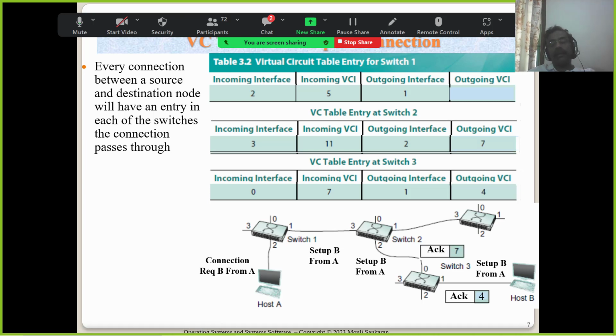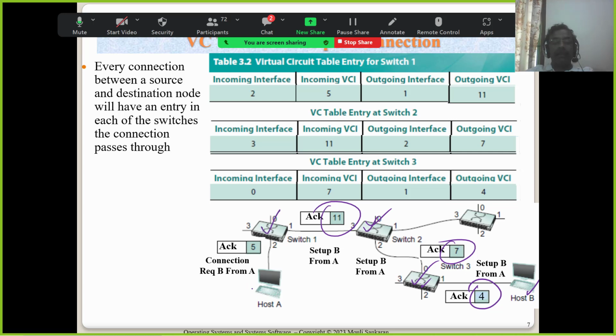Okay, why acknowledgement is coming and the 7, 11, 5. See, this 4, 7, 11 all belong to that x1, x2, y I told you. If you see, they're all picked up by these guys. 4 is picked up by the host, 7 is picked up by this guy, and 11 is picked up by this, and 5 is picked up by this guy. Actually initially, incoming VCI.